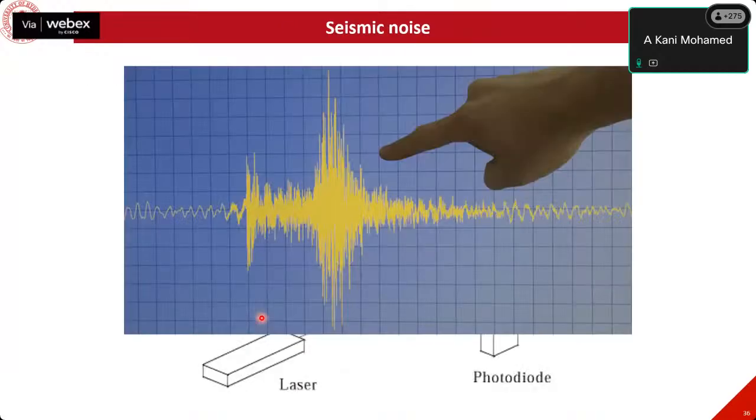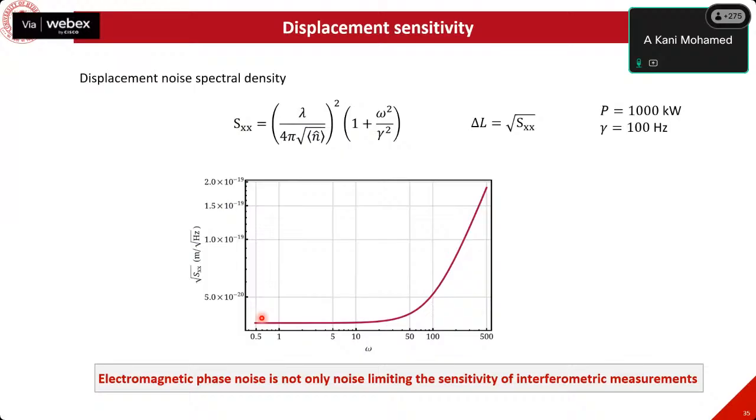The first one is the seismic noise. It is the ground vibration or the earthquake, whatever is happening, that is going to destroy the sensitivity of the interferometer. Whatever we are trying to estimate, the displacement sensitivity, is of the order of 10 to the power minus 20. It's extremely high sensitivity.